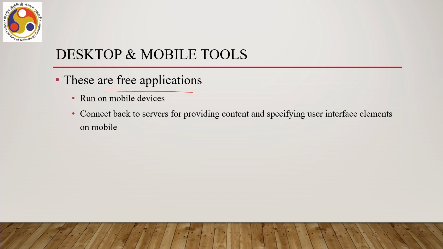They run on mobile devices, but the computation does not take place on the mobile device. Instead, they connect back to some servers for providing content and specifying user interface elements on mobile. So, mobile is primarily treated as a client device or as a rendering device only. Actual computation may take place on a back-end server, not on the mobile.